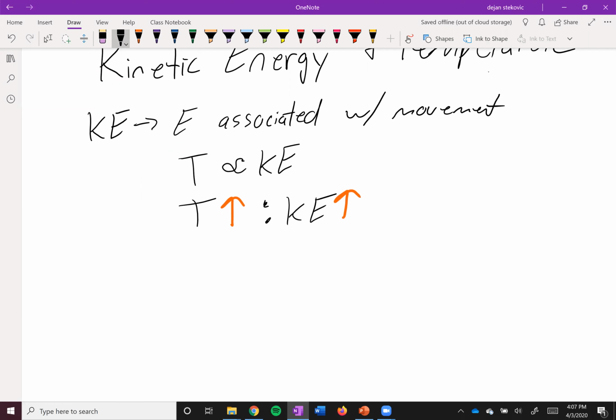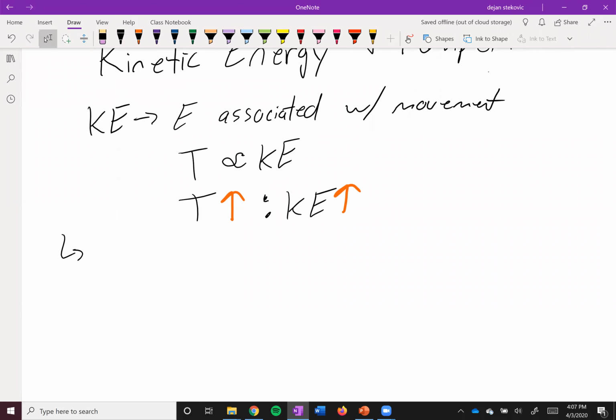And so they're going faster, but it's a little bit more complex than that. The complexity comes from the fact that if you're able to zoom in and look at the molecules of a gas at some temperature, they're not all moving at the same speed. They're moving at different speeds.